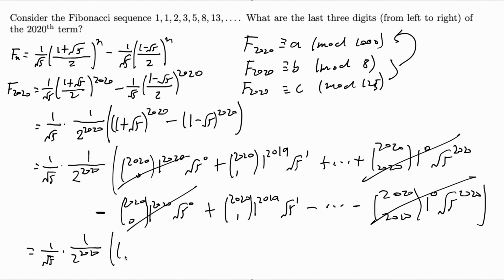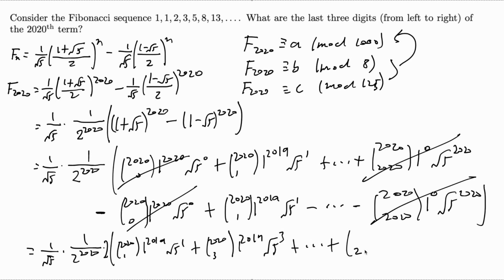So we have times 2, because we need to double them, plus 2020 choose 3 times root 5 cubed, and then plus until we have 2020 choose 19, right? Times 1 to the 1 and root 5 to the power.